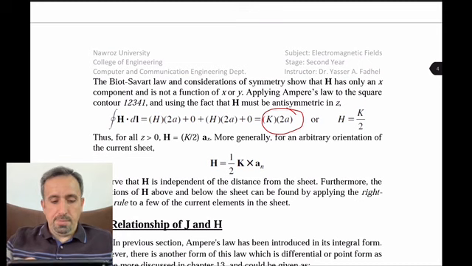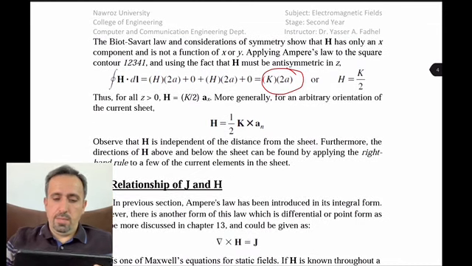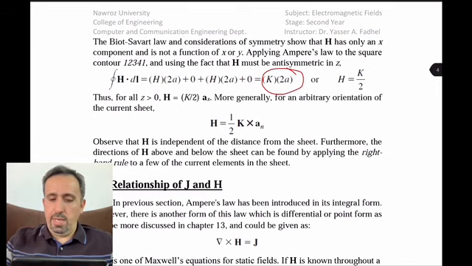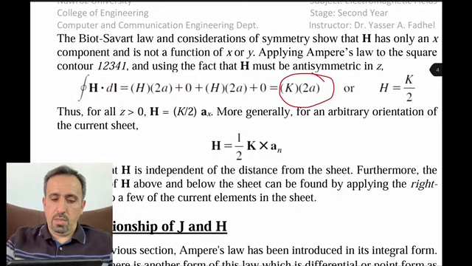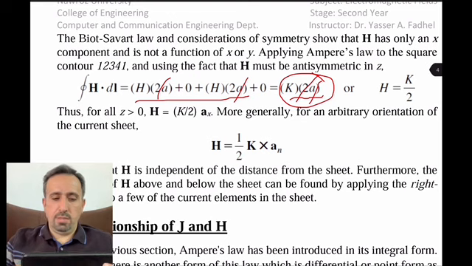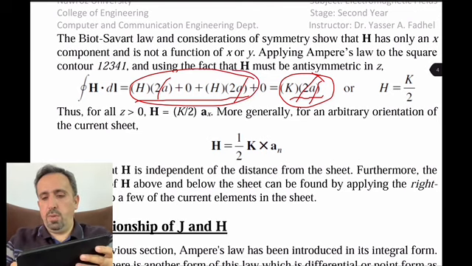As a result, you can see here that on this side you have 4a, on this side you have 2a, so a will go with a and 2 will go with 4, and you will get 2 on this side. You get 2H equal to K. For that reason, H will be equal to K over 2.